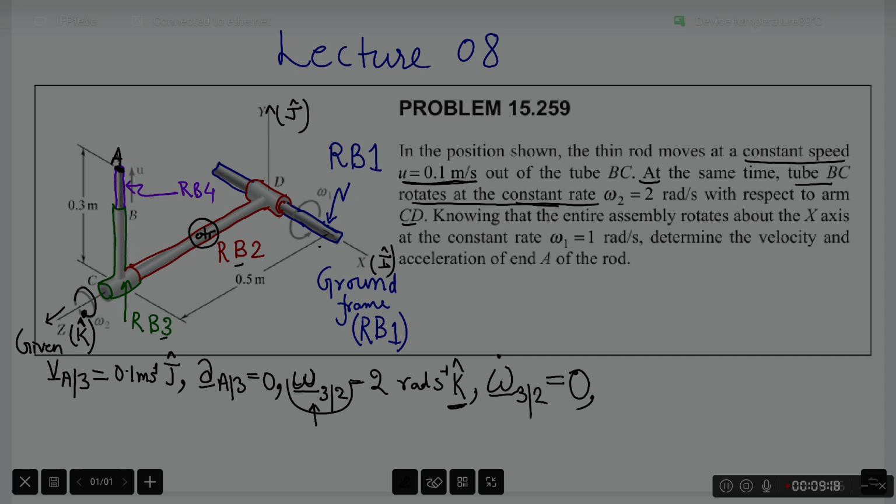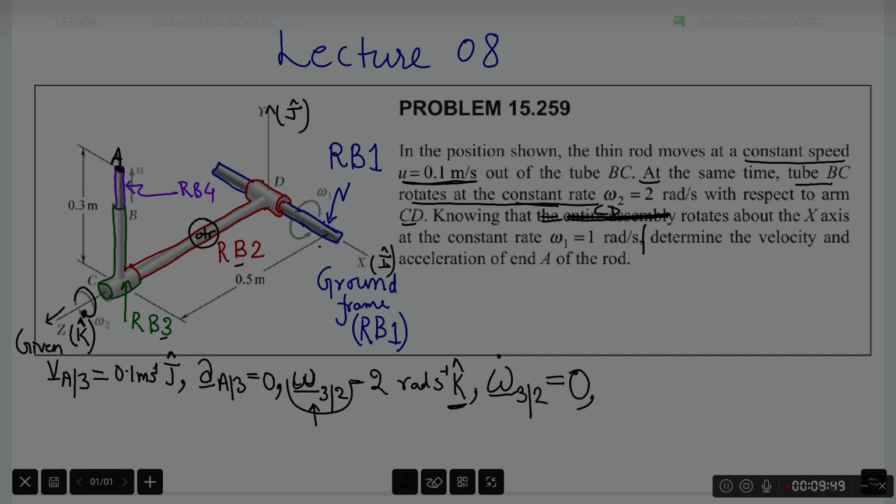Moving on further, the problem statement says that knowing that the entire assembly, I would like to use a different phrase here. What they actually mean is knowing that RB2, or arm CD, rotates about the x-axis at a constant rate of 1 radian per second. They want us to find something.